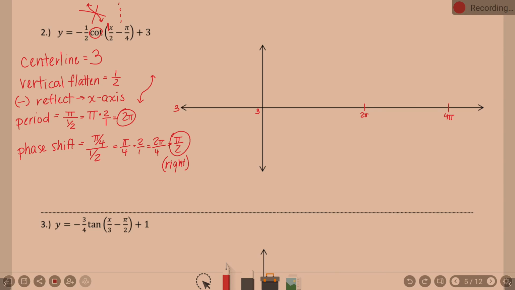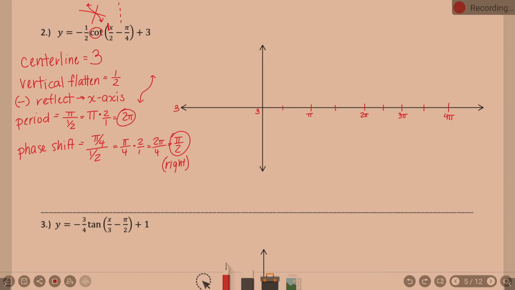So what are the halfway points? Pi and 3 pi? Okay, that would be what you'd need for the regular cycles. However, we're also going to need to throw in pi over 2's because that's my phase shift. Where's pi over 2's going to go? In between all of them.